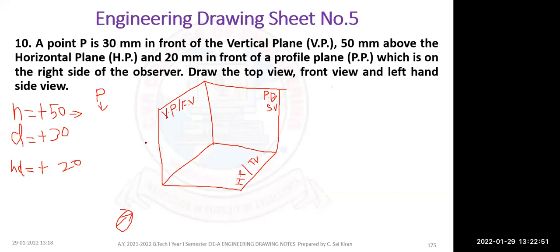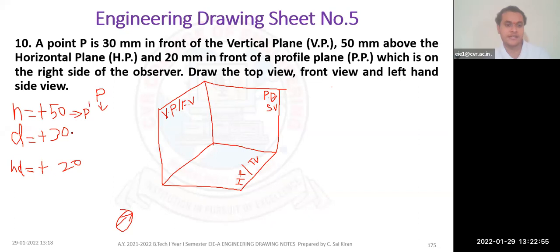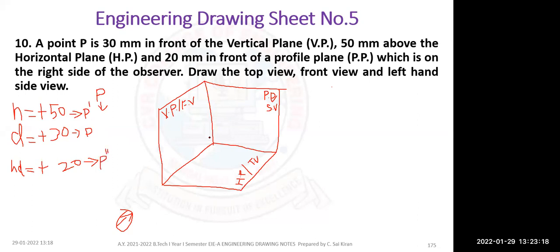It is P dash. D is the top view, and it will project as small letter p. And for HD, the side view, it will project as small letter p double dash.